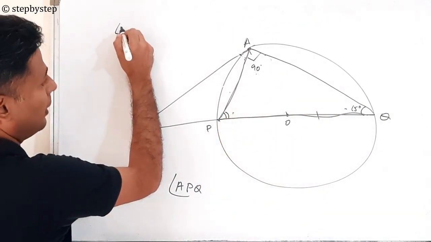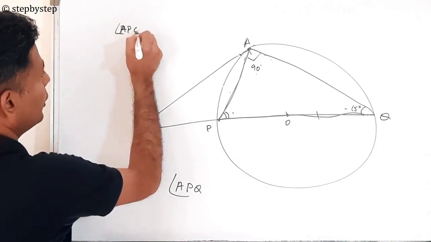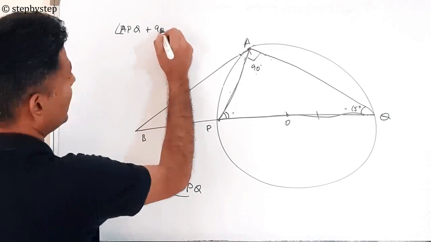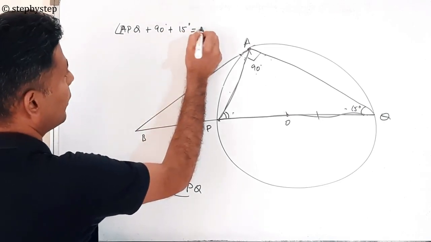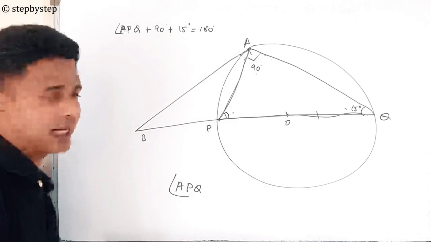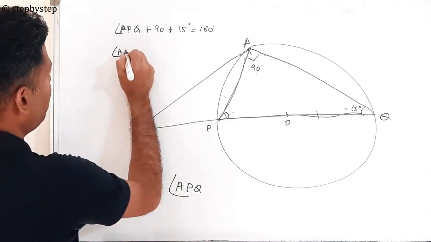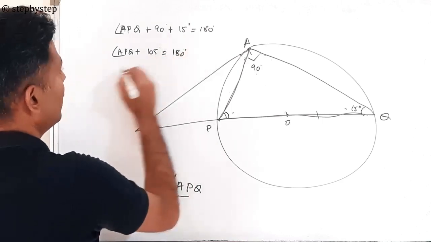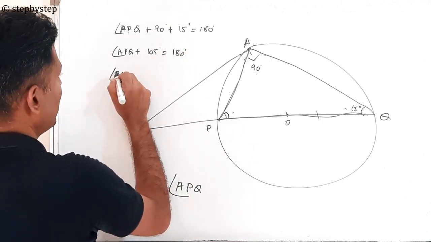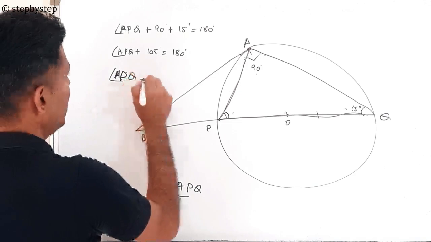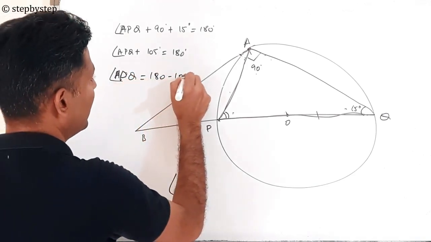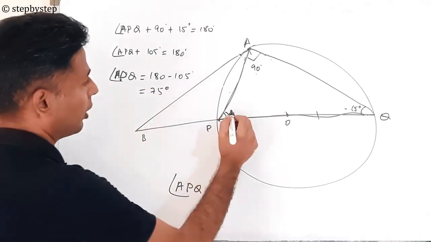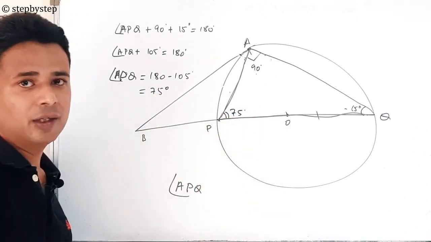So we have angle APQ plus 90 degrees plus 15 degrees equal to 180 degrees, by the angle sum property of a triangle, which means angle APQ plus 105 equals 180 degrees, which means APQ equals 180 minus 105, which is 75 degrees. So we got this angle as 75 degrees.